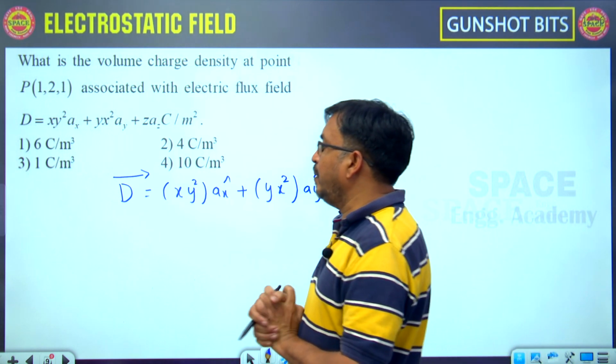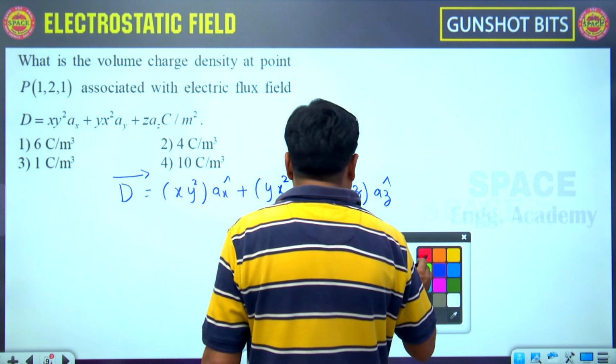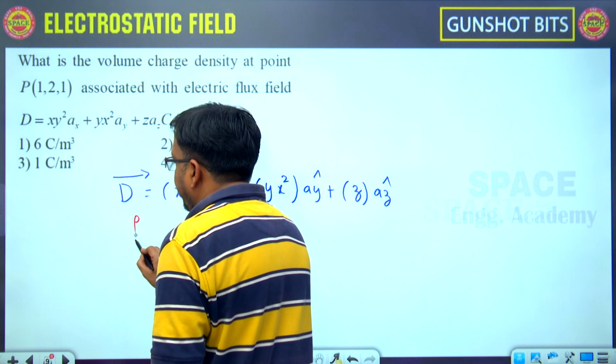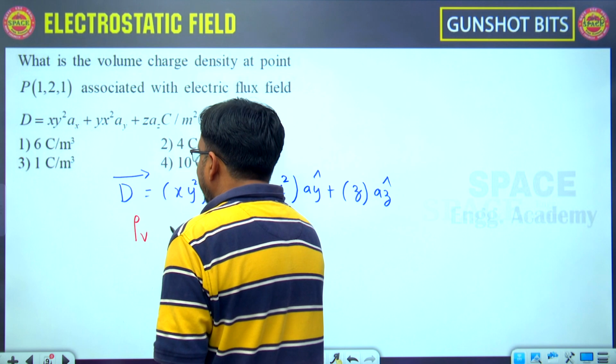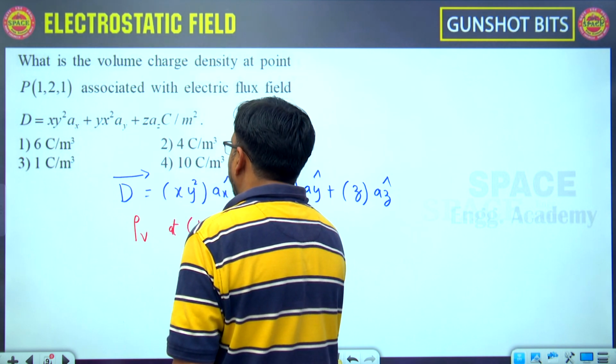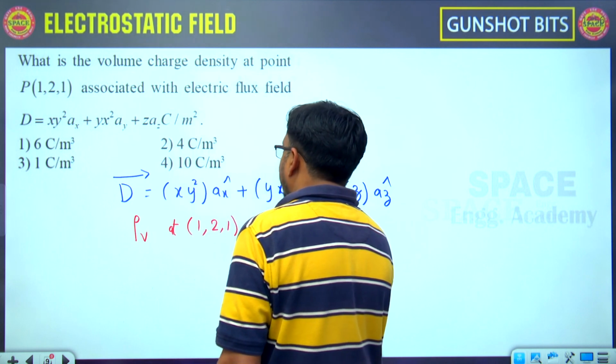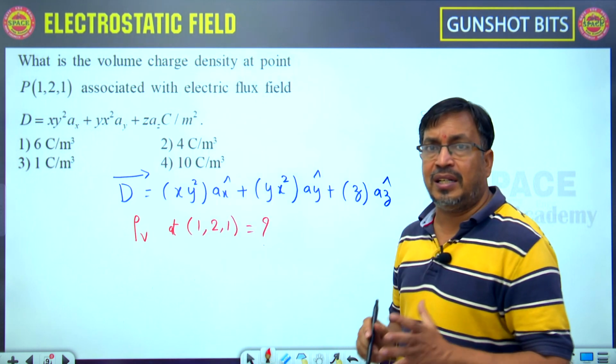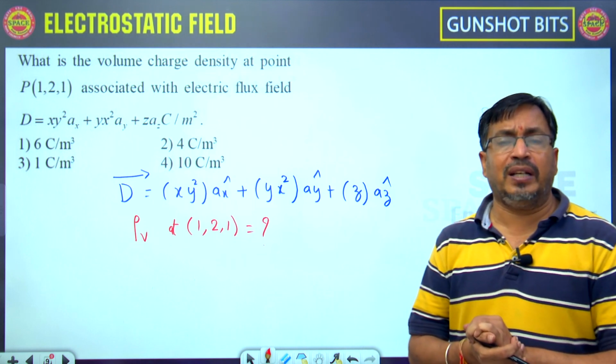Then what is he asking? He is asking volume charge density, that means rho v, at a point 1 comma 2 comma 1. What is the volume charge density at 1 comma 2 comma 1?